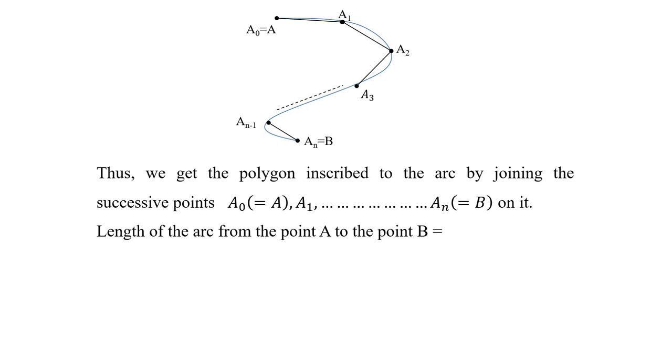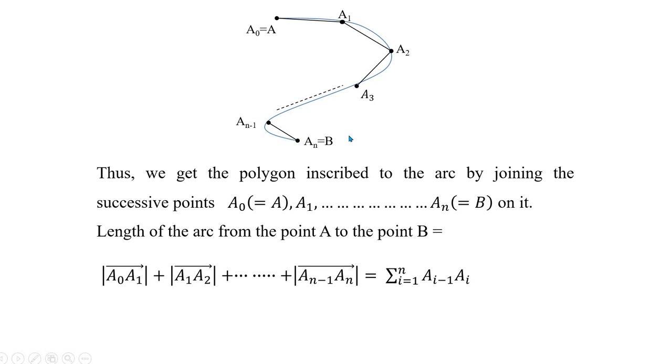So now we are going to find the length of the arc from the point A to B. We can do it by a simplification: we find A0 to A1, A1 to A2, A2 to A3, etc. That is, we write the length as mod of vector A0A1 plus vector A1A2 plus etc., vector An minus 1 An.